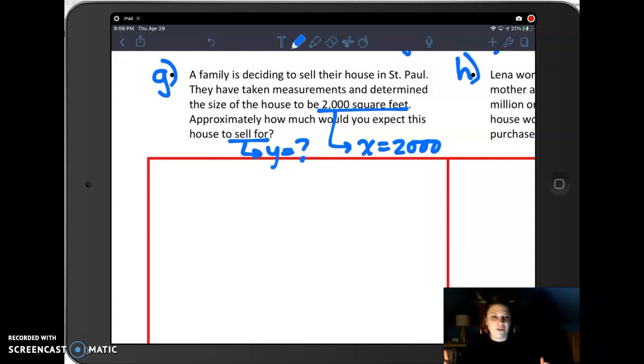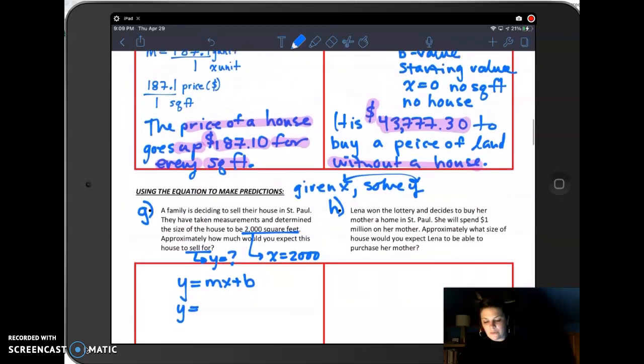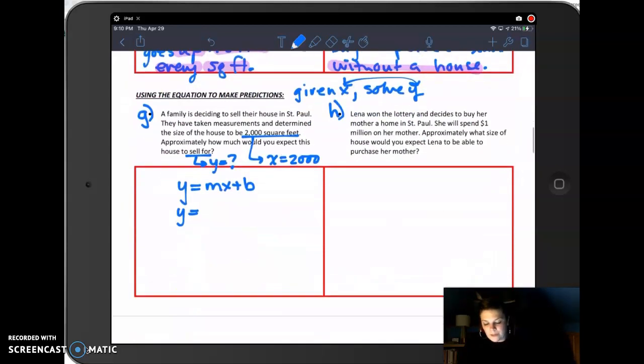Just like our previous examples, we're going to start by writing out the equation y equals mx plus b. We plug in what we know and solve for what we don't know. The y is what we don't know, so we leave it as y. The m we found was 187.1.